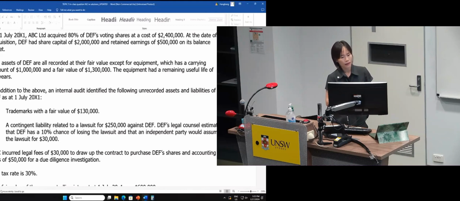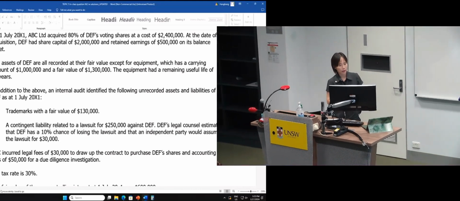Okay. Now, all the assets of DEF are recorded at amounts equal to fair value except for these equipments. Now, these equipments therefore require fair value adjustment. So when you compare the fair value with the carrying amount, the difference 300,000, right, is your fair value adjustment multiplied by 70%. Now, remember, adjustment is always after the tax.